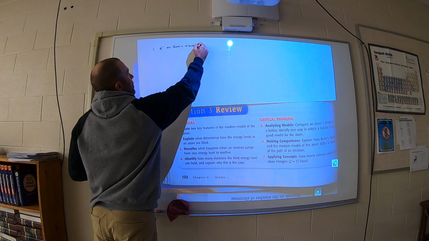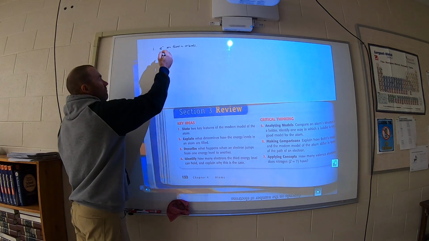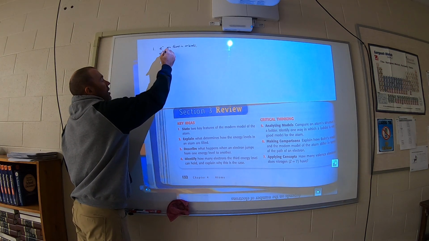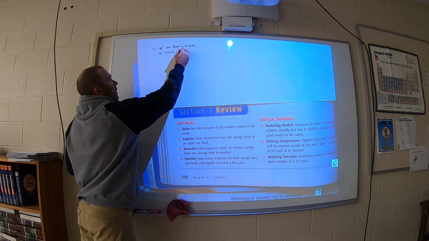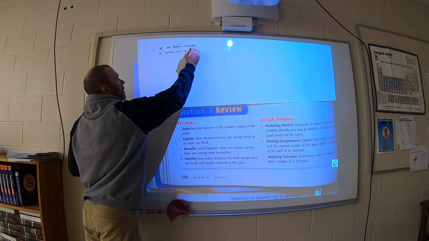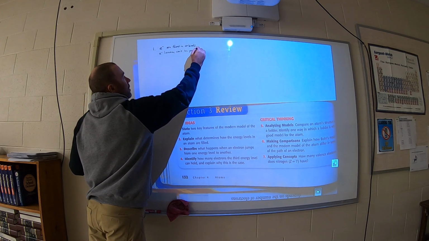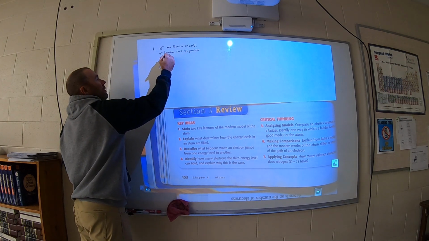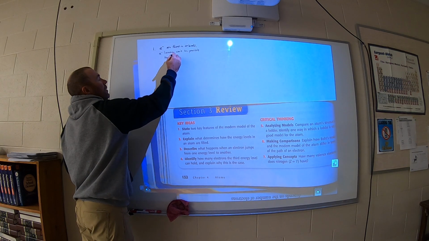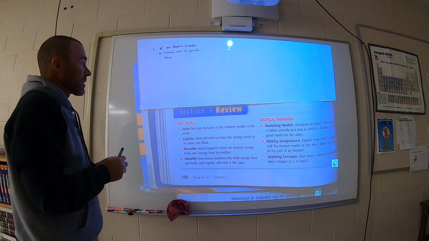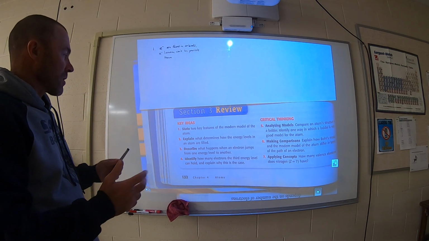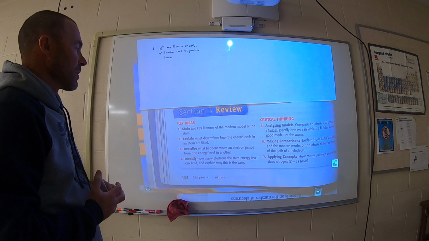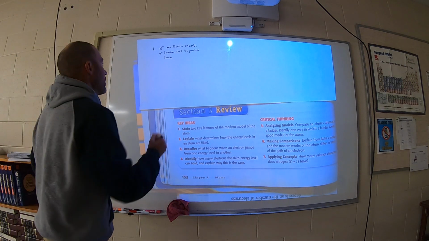And another is electron location can't be precisely known. We can't know exactly where it is because electrons act a lot like waves. They're constantly moving.